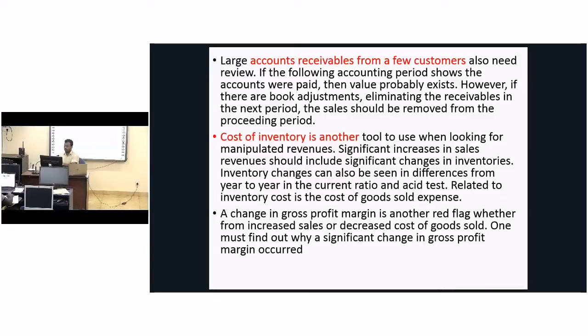Also you have to keep your eyes open for areas where large account receivables from new customers are created. Those are big doubts. If suddenly there are new customers with large account receivables, you have to open your eyes and see what has happened there. Also, cost of inventory is another tool where we can manipulate revenue. Why? Cost of inventory directly affects cost of sales. As a result, you can understate or overstate what?